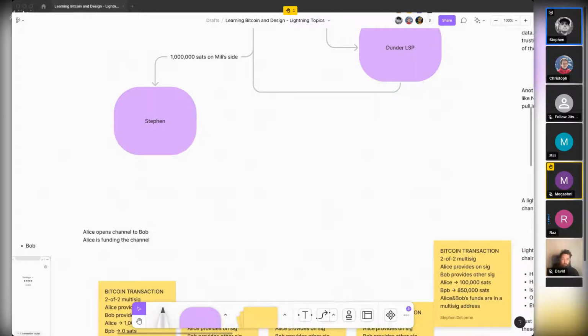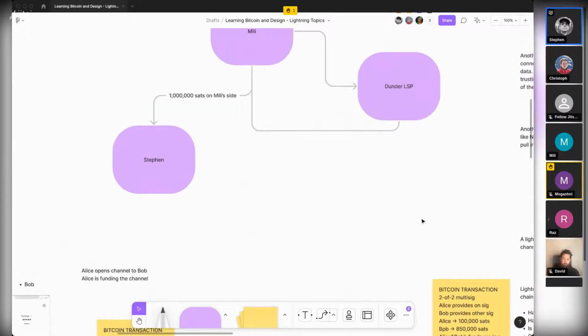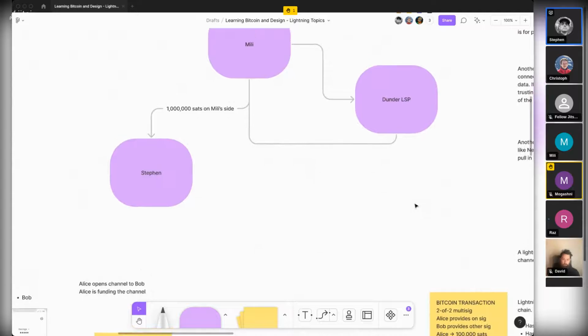You guys kind of just answered my question. One other thing that I wanted to ask: right now we're looking at a simplified channel where we have just 2 elements. If we were to have a third party there, let's say we have Alice, we have Bob, and then we have Charlie, and Alice wants to send money to Charlie.